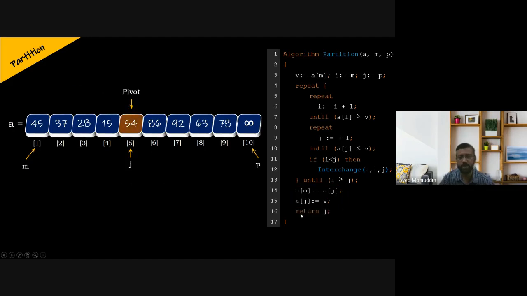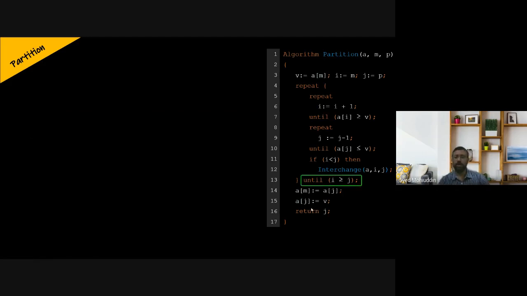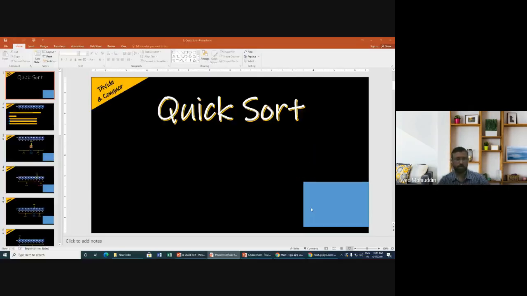And finally, we return the index of the pivot. Remember, the partition algorithm partitions the elements and then returns the index of the pivot element. It doesn't return the pivot element. The pivot element is at its sorted position. It returns the index of the pivot element. So this is how the partition algorithm works.